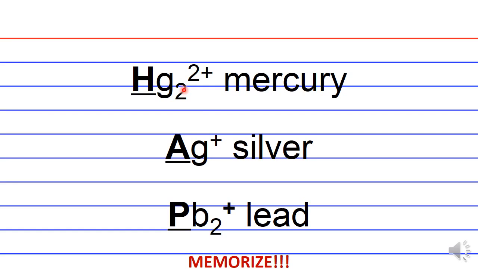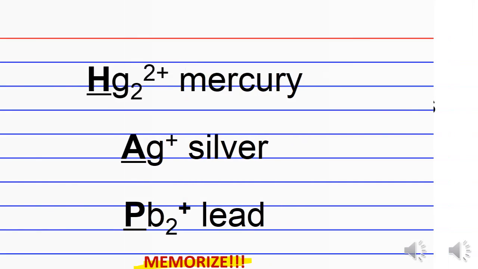When they pair with mercury, Hg2 2+, that's a diatomic molecule, silver, Ag+, and lead, Pb2+. It's also diatomic in this form. So definitely memorize this, all right? Just take it all in and be sure to memorize.